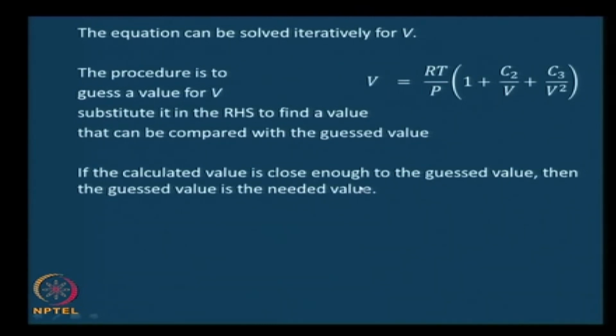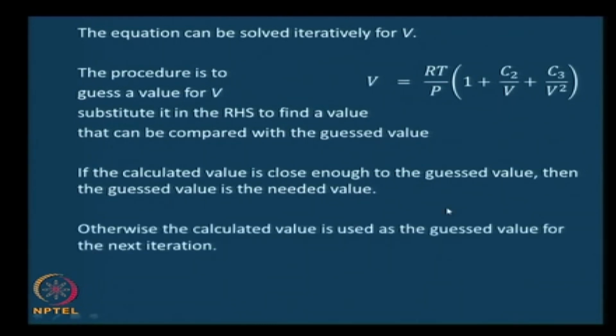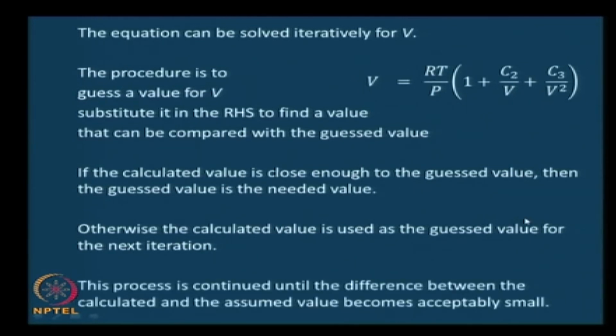And we said close enough, you need to be a little careful. Otherwise the calculated value is used as a guessed value for the next iteration, and then you substitute that volume here to find out the right hand side and then compare again, and the process is continued until the difference between the calculated and the assumed value becomes acceptably small.